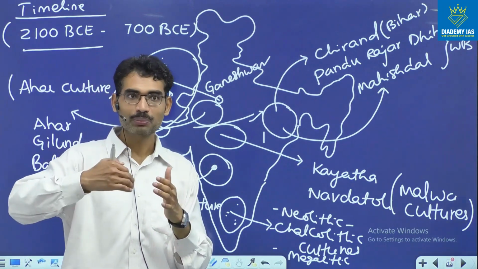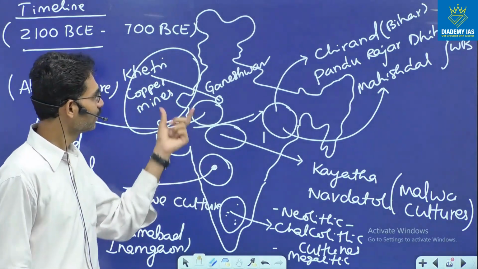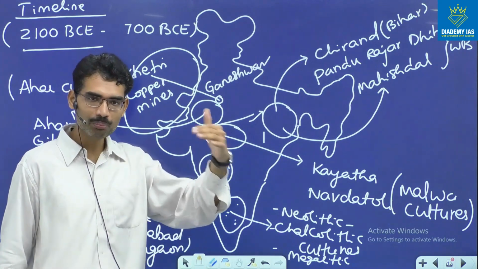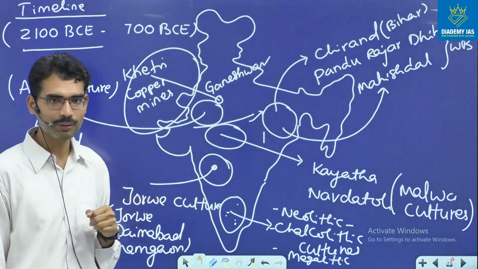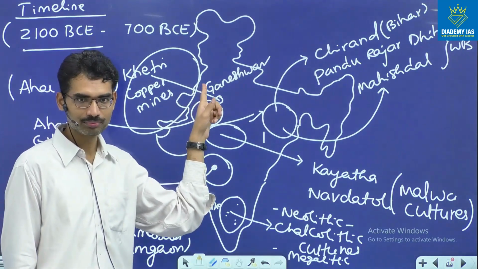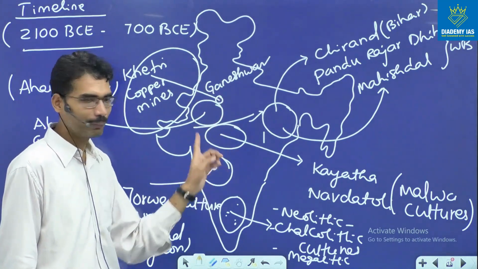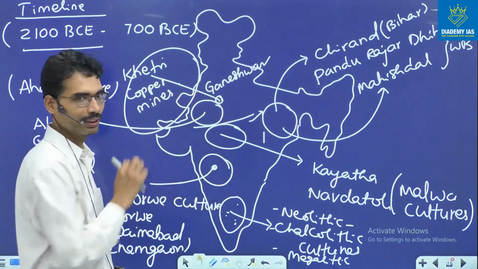When it comes to the subsistence pattern of Harappan people, we are going to write about agriculture also. Because of strong agriculture only, they could build strong urban areas. And who are these agrarian people? Chalcolithic people. The other contemporary Chalcolithic people were living in villages, but they supplied raw materials to the urban areas.